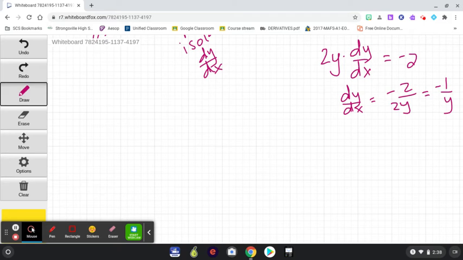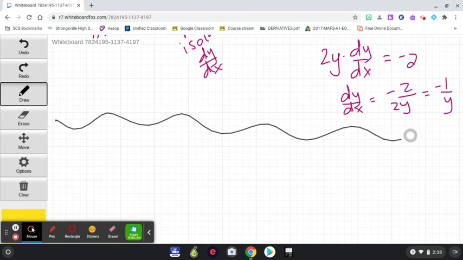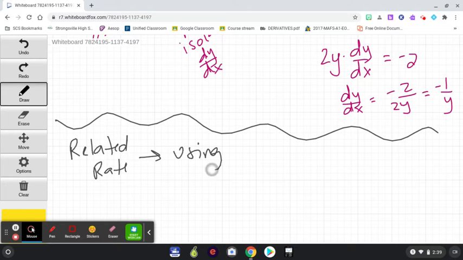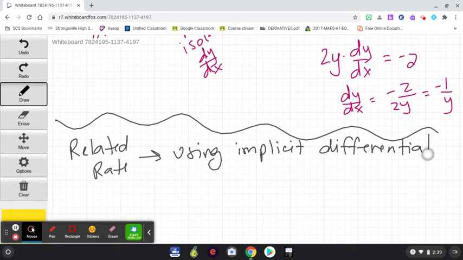Now let's just review what a related rate is. A related rate is using implicit differentiation to determine the rate of change.